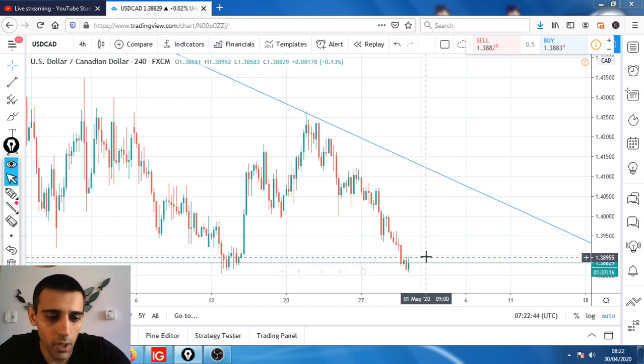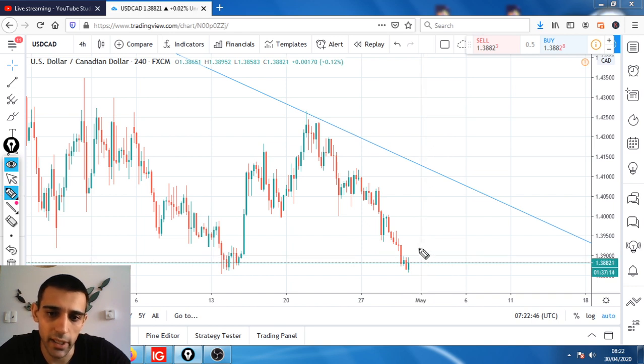So I don't want to see a strong closing candle, and you need to be aware of it, especially if the price is sitting at either support or resistance. In this case, it's sitting at the support, and if the price comes up on the 4 hour time frame and closes like this, even if it takes out these highs, it's going to look like very strong strength towards the upside. So I don't want to see that.